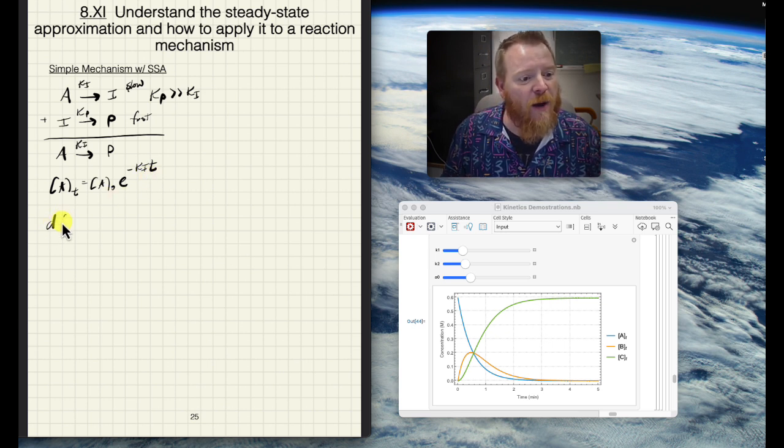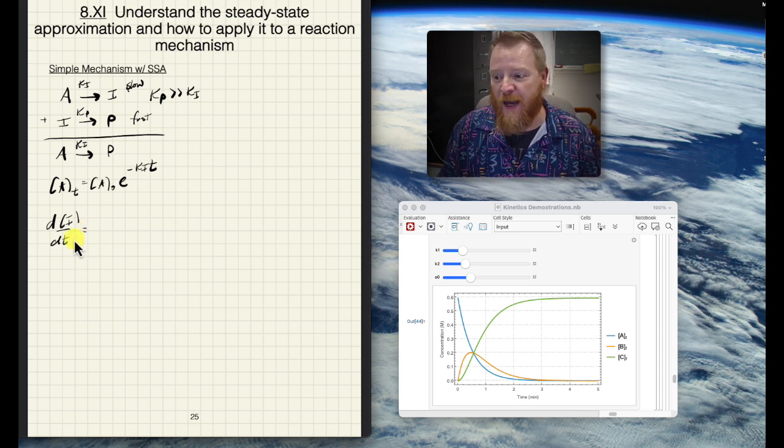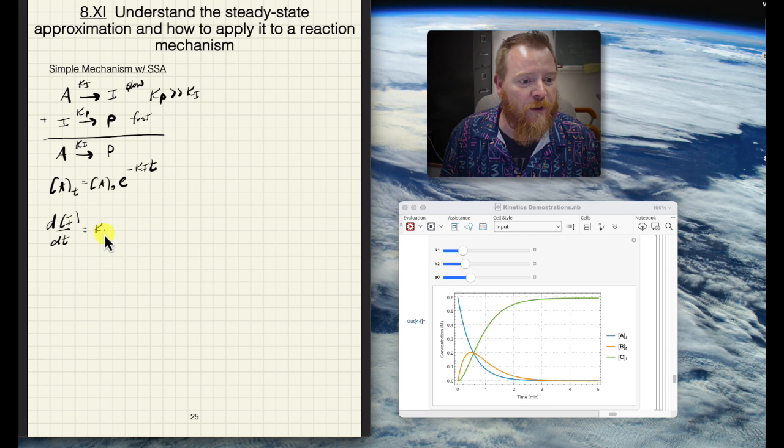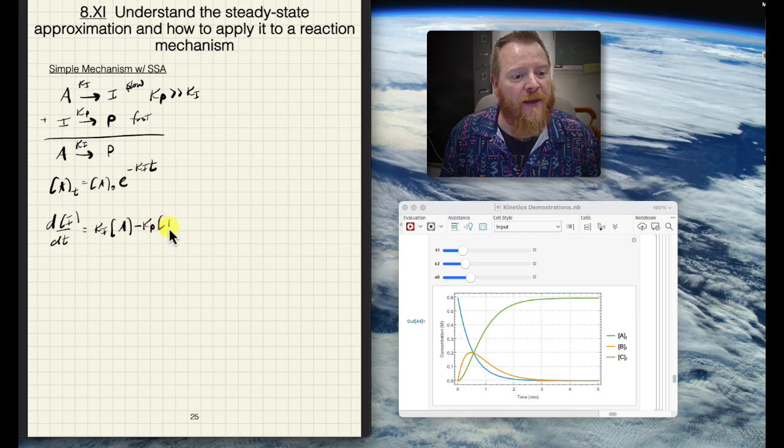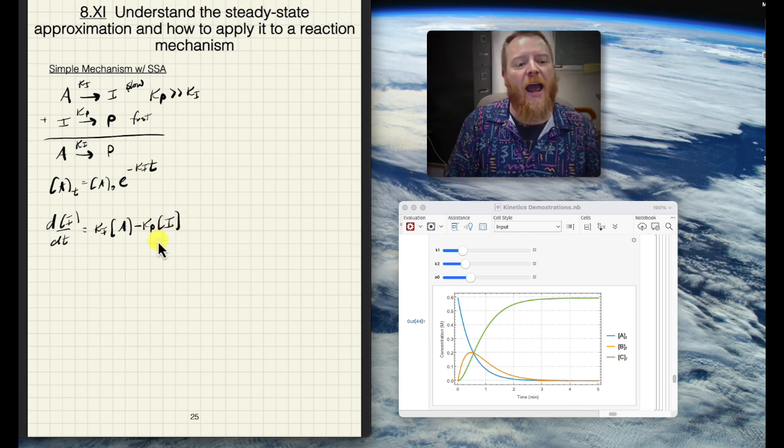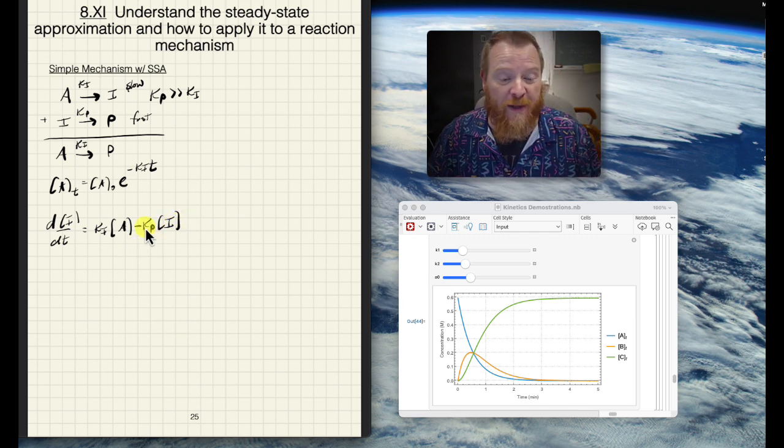However, when we go to write dI/dt, we're still going to put together the full rate law: Ki times A minus Kp times I. But now, let's see how we can make this approximation.